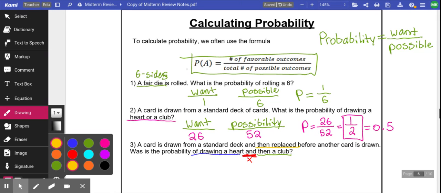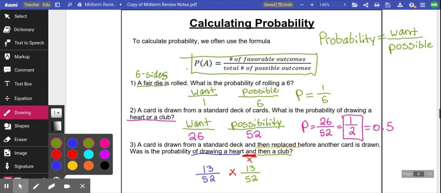So, tackling this question, what is the probability of drawing a heart and then a club? The probability of drawing a heart would be there's 13 hearts divided by there's 52 possible cards. And means we're going to multiply these probabilities together. Then you draw a club. There's 13 clubs. And because we replaced that original card, it's still out of 52.